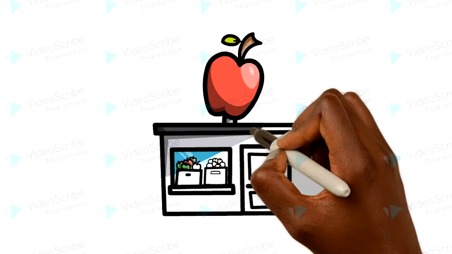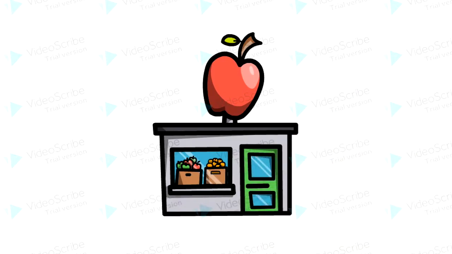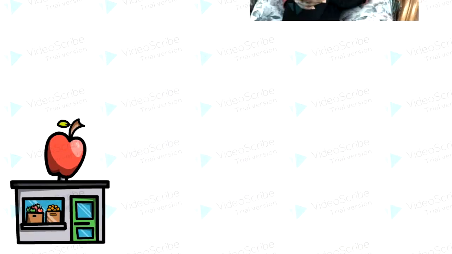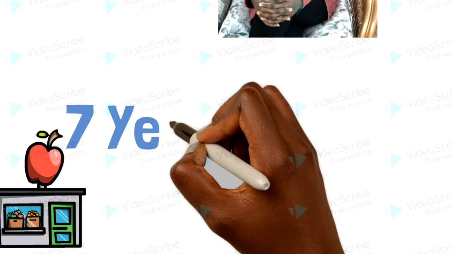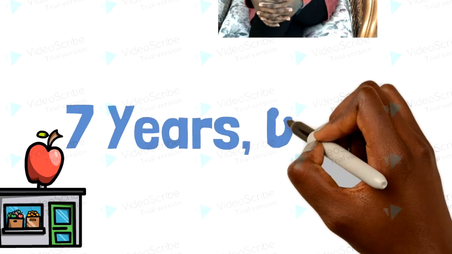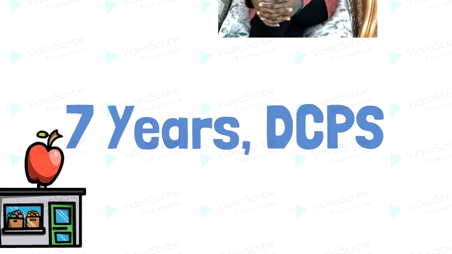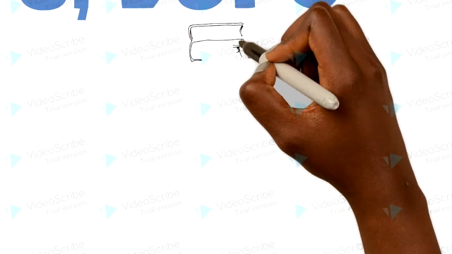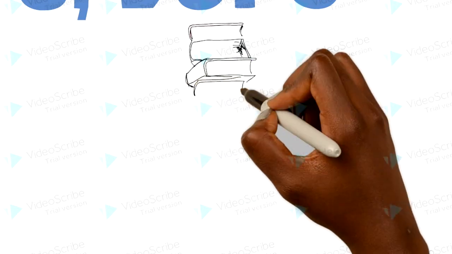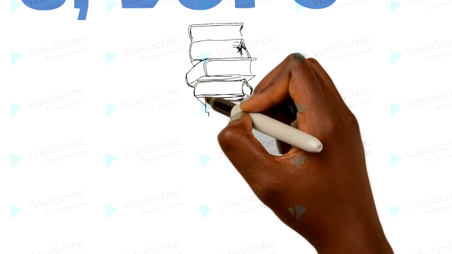Throughout those 7 years, I taught pre-K, kindergarten, and first grade. About 3 years ago, I was fortunate enough to get the position of a reading teacher at a school in DC. And since then, I have been obsessed with everything to do with reading.